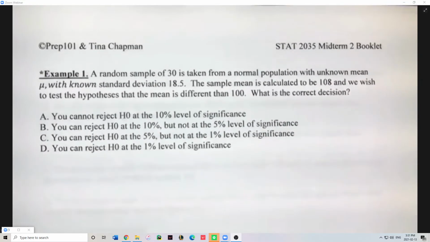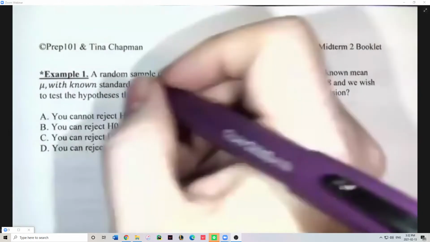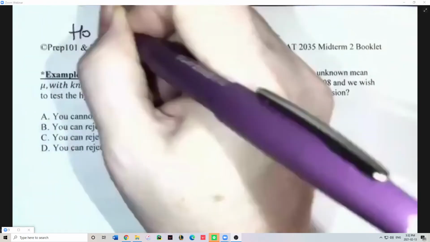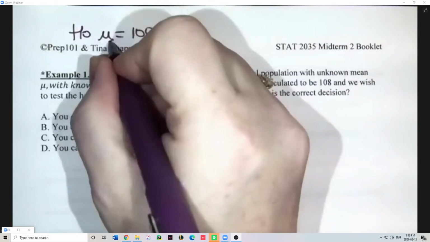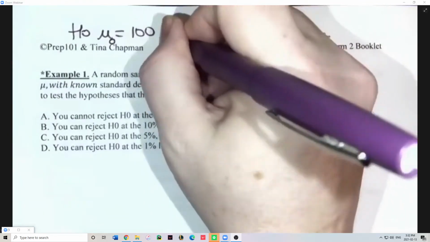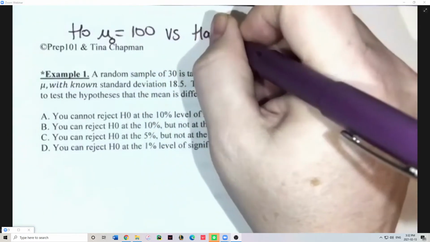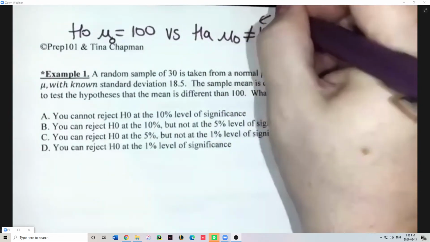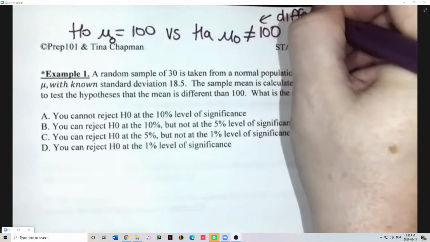So let's write our hypotheses here. So first of all, we've got H naught: mu equals 100. Some people put the little naught on the mu, so mu naught. Some people don't, so I've seen both, so whatever you're used to. And then it says different than 100. So different is two-sided.